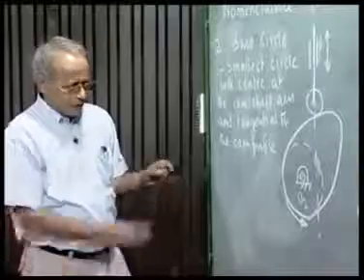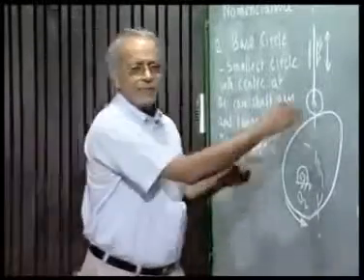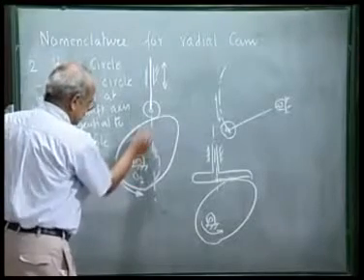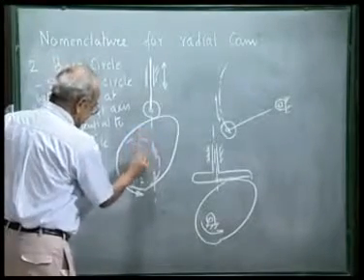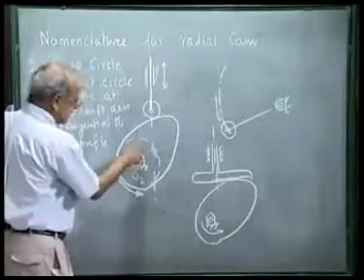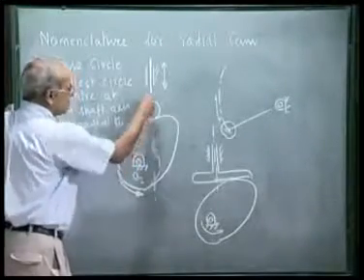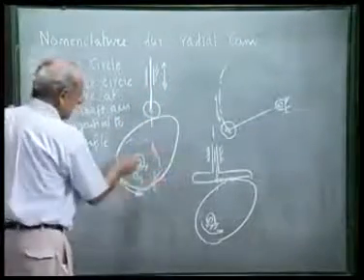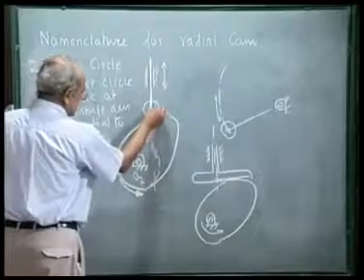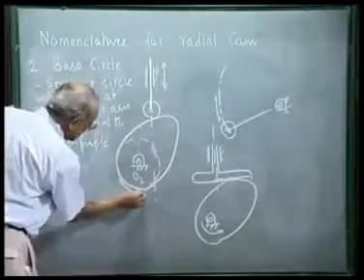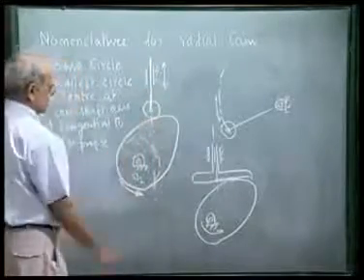As we see, the base circle really defines the size of the cam. It is the difference of the distance of the cam surface from the cam center and this base circle radius that defines the movement of the follower. So, this is the smallest circle. When the roller is in contact with the base circle, that means from here to there the follower is at its lowest position.